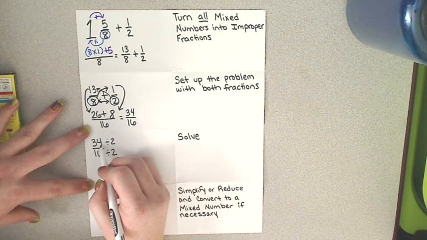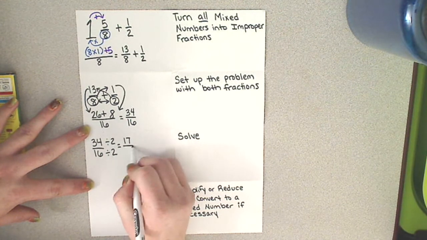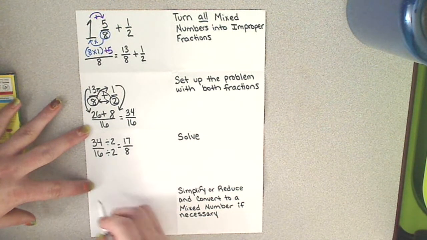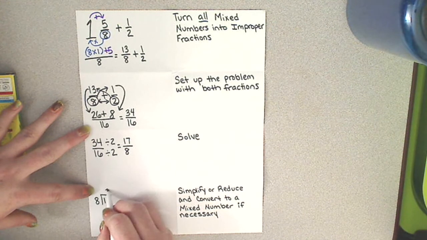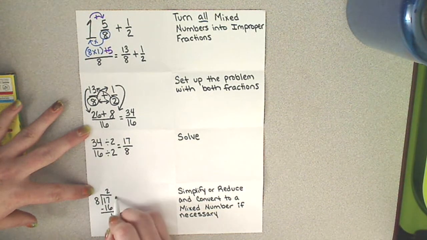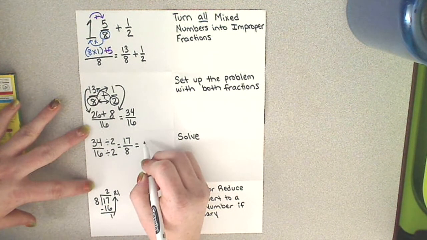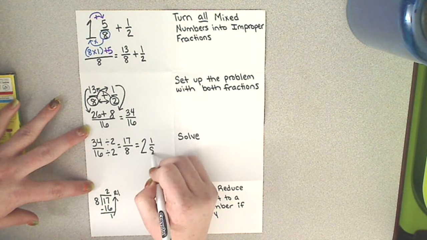So 34 divided by 2 is 17. 16 divided by 2 is 8. So that's going to be a little easier to convert. 17 divided by 8. 8 times 2 is 16. So that leaves us with a remainder of 1. So my mixed number is 2 and 1/8.